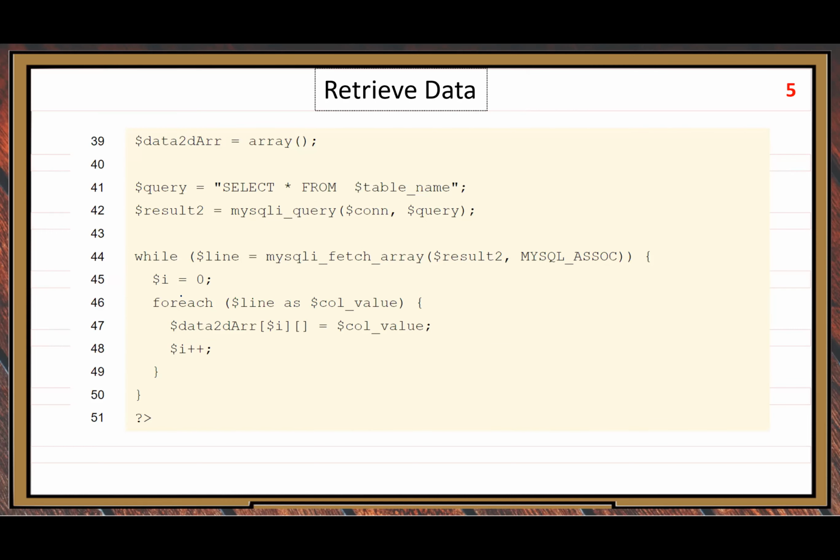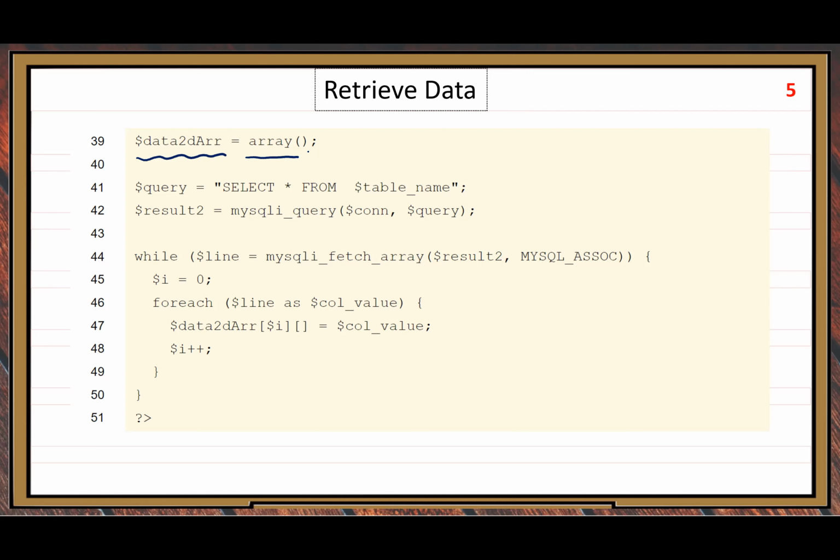Next, retrieve data. We need to display all the table data. This time we use the array $arr. PHP 2D array: when we declare a 2D array, we still create an array object.